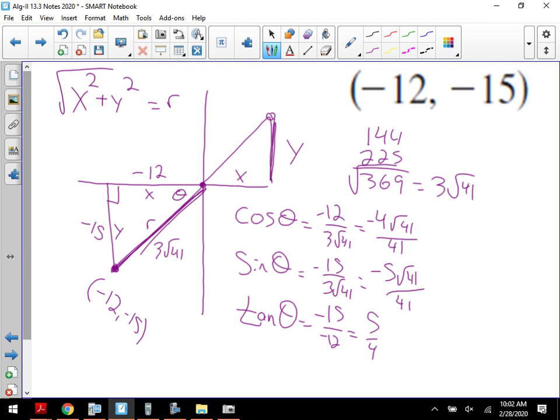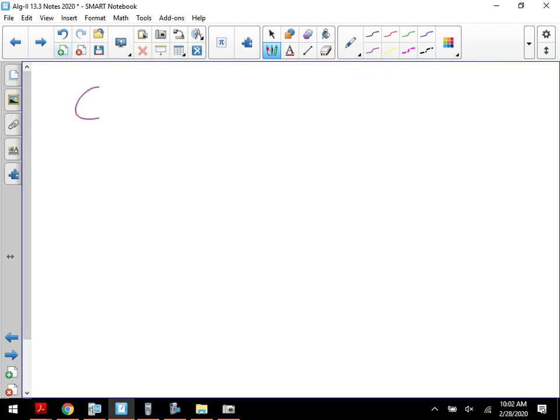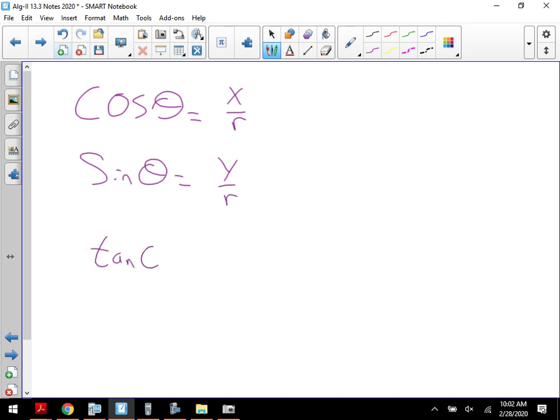Now, here's what happens then. I can say that the cosine of theta is always x over r. The sine of theta is always y over r. The tangent is always y over x. And then you have your reciprocals.